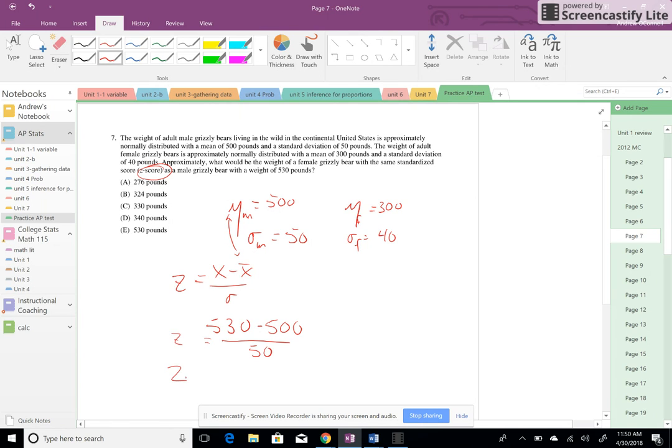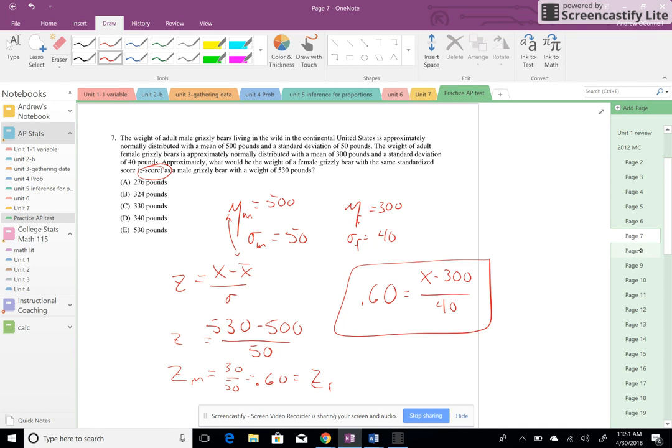So our z-score for males would be 0.6, or 30 over 50, which is 0.6. So you want to use the same z-score. So the z-score for female would be the same, 0.6, and we want to know the weight of the female. We know on average they're 300 and their standard deviation is 40. Hopefully, once it's set up, you can solve that on your own.